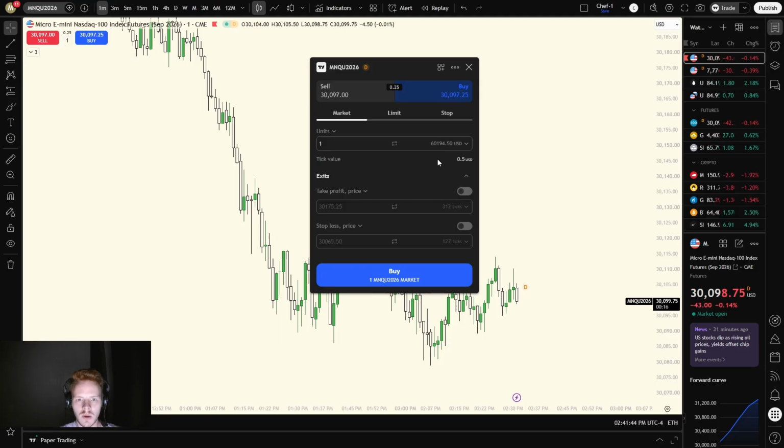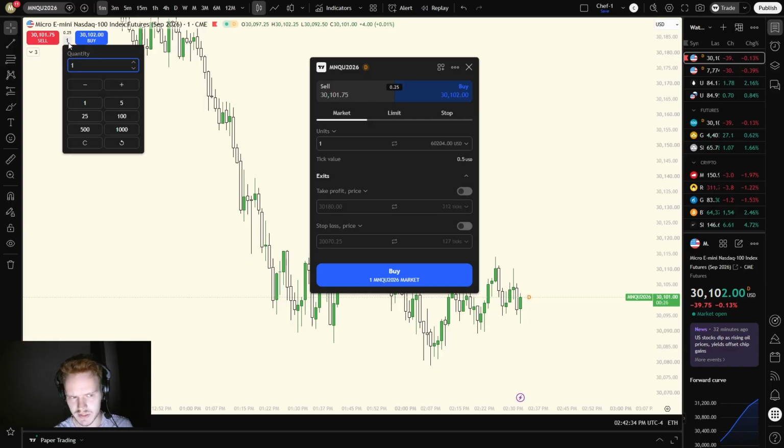So on the micro E-mini, for every tick, price will fluctuate 0.5 USD. Now, 1 tick on the Nasdaq is 25 cents. Every time the micro E-mini NQ moves up $1, you would have made 2 US dollars. That's leverage, and for many people that's small.